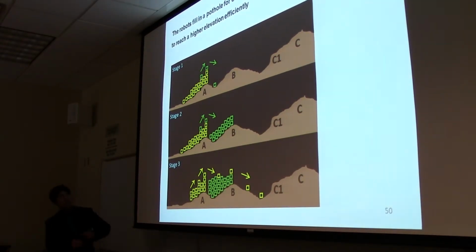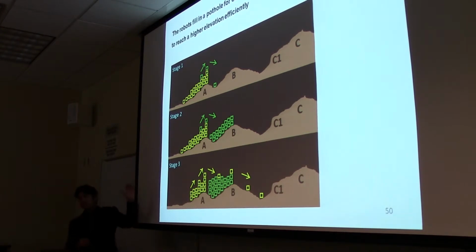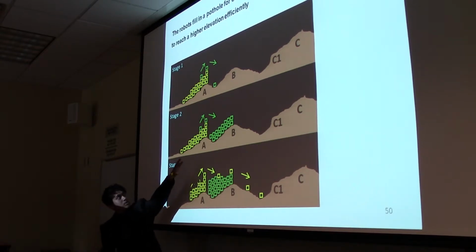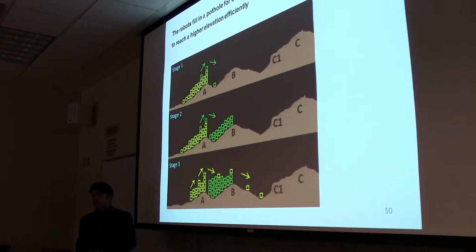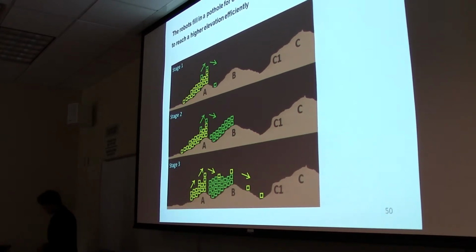The yellow robots can go and build platforms, and then the green ones fill in this gap so that the yellow ones can again pass over it easily, spending less energy, and gradually go towards the next stage, and so on.